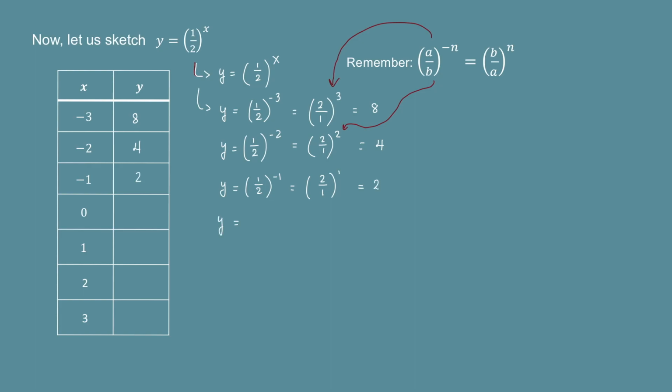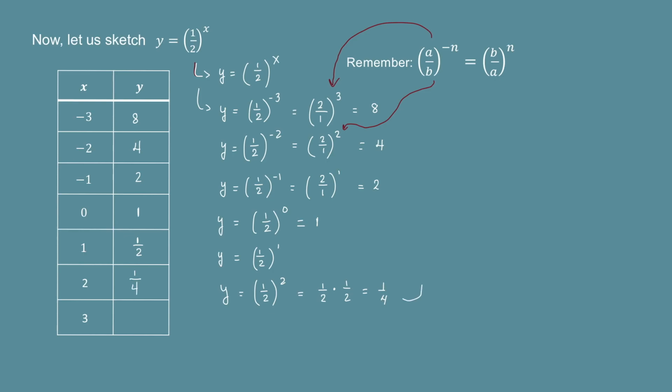Then when x is 0, 1/2 to the 0, this is always equal to 1. Then we're going to have 1/2 to the 1, this is just 1/2. And then 1/2 squared, remember this is like having 1/2 times 1/2, that will give us 1/4 right here.